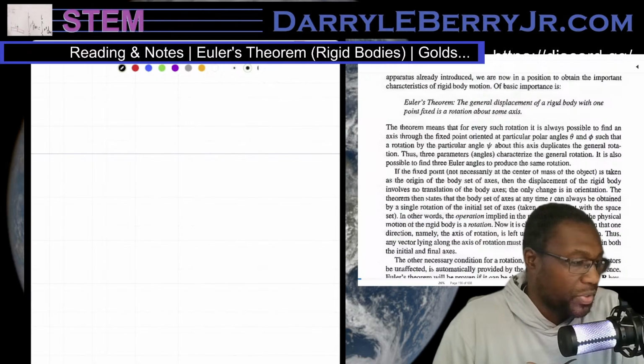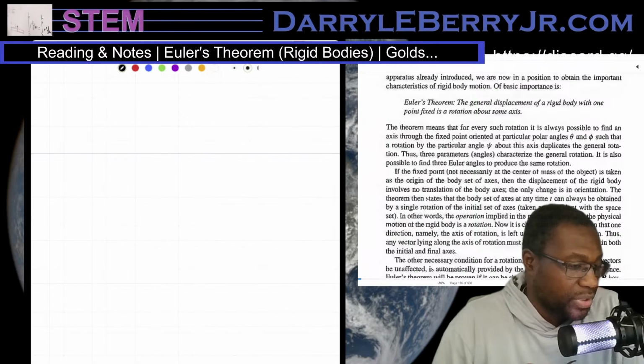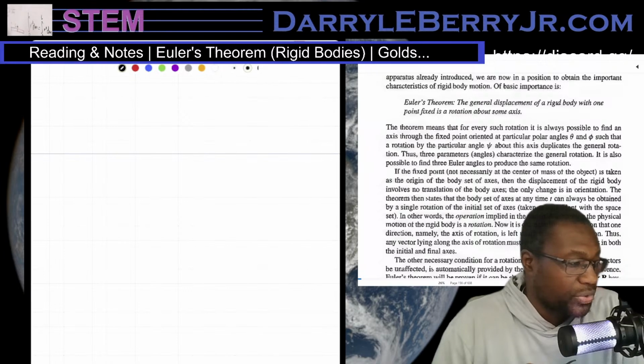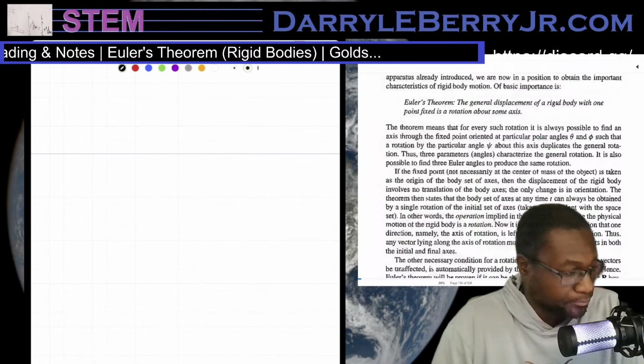In other words, the operation implied in the matrix A describing the physical motion of the rigid body is a rotation. Now, it is characteristic of a rotation that one direction, namely the axis of rotation, is left unaffected by the operation. Thus, any vector lying along the axis of rotation must have the same components in both the initial and final axes. That makes sense.